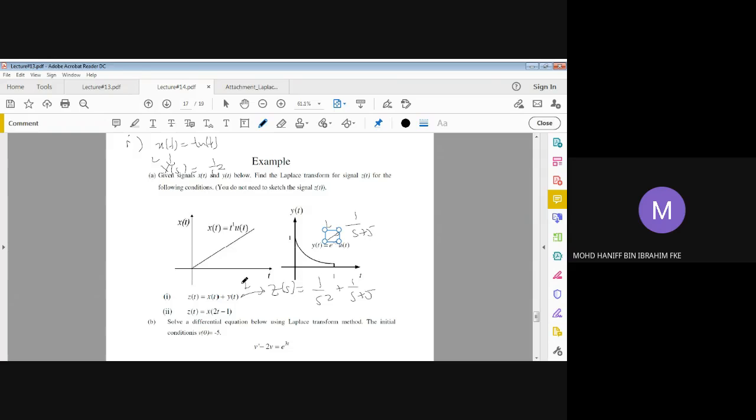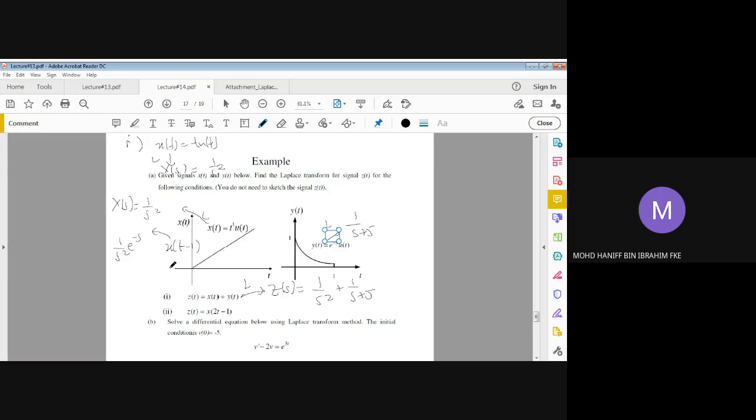For question number 2, which is the xt which experiences a time transformation, we know that the Laplace transform of xt, xs, will be equal to 1 over s squared. When we have xt minus 1, the Laplace transform will be equal to 1 over s squared times e to the negative s, correct?